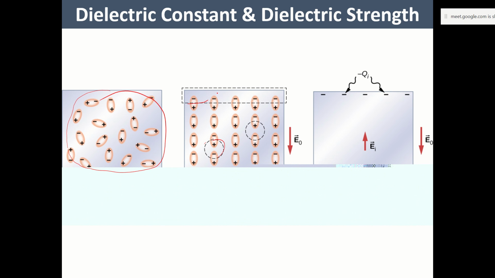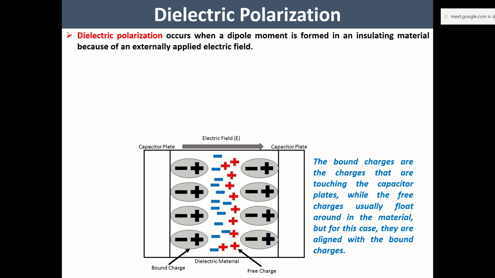So this is the parallel plate, and very close to that you have this kind of charges that accumulate. So it is the dielectric polarization that is responsible for this kind of behavior, and let's try to understand the dielectric polarization now.